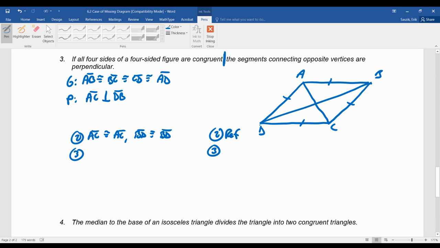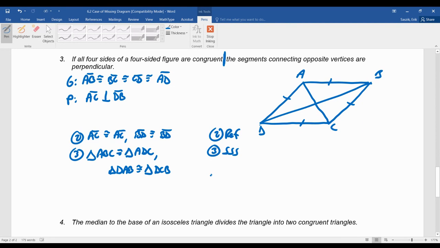Step 3, I can prove triangle ABC congruent to triangle ADC, and at the same time, I can do triangle DAB congruent to triangle DCB.